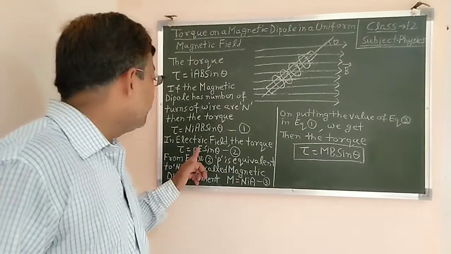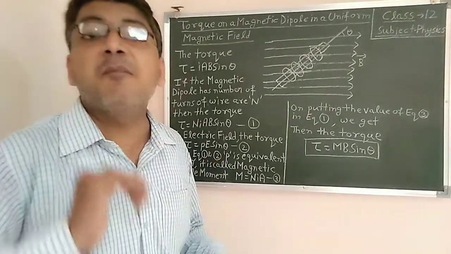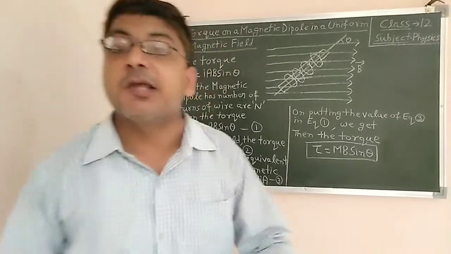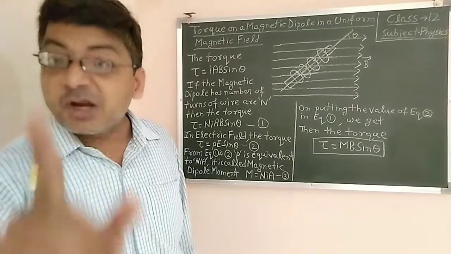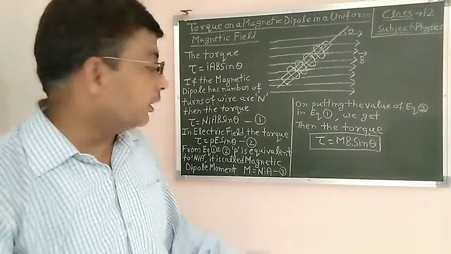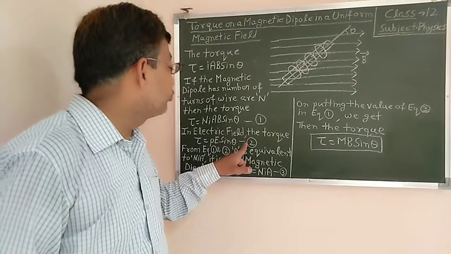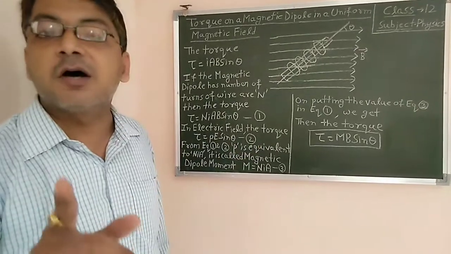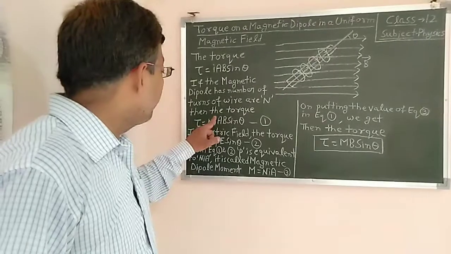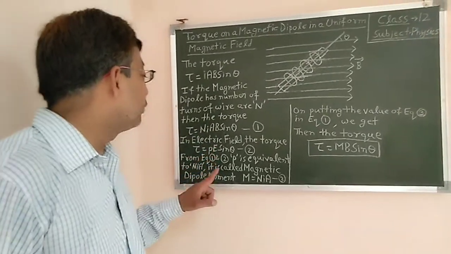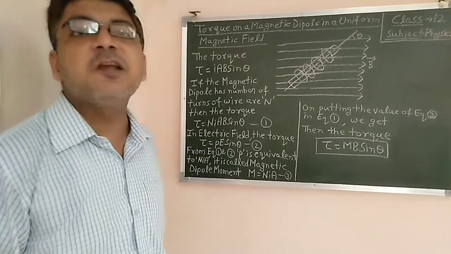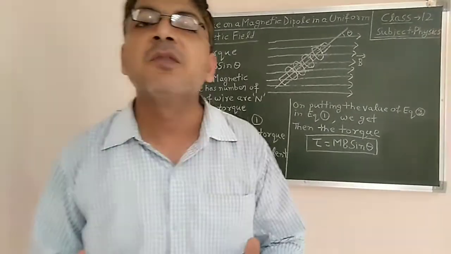Then in electric field, you remember that when we studied electricity in the first chapter, the formula of torque in electric field is torque equals pE sin theta, equation number 2. Comparing equations 1 and 2, sin theta is common, E is the electric field and B is the magnetic field.